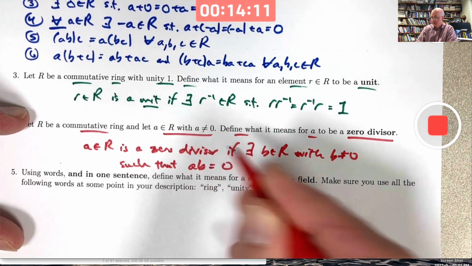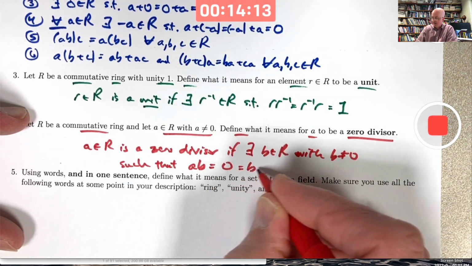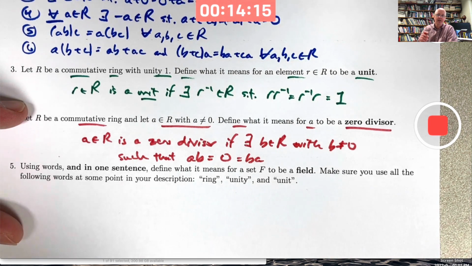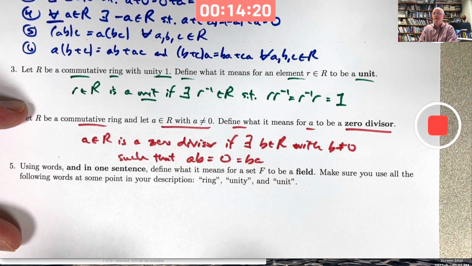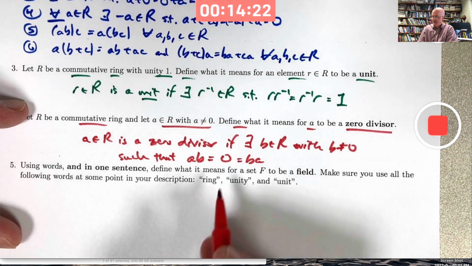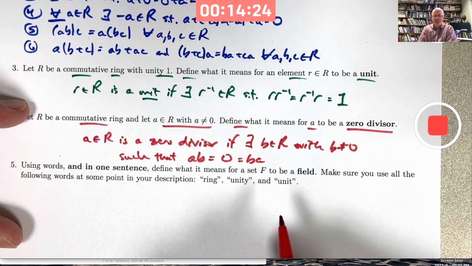And we are assuming it's a commutative ring. That would be the same as b times a in this definition. You could talk about left or right zero divisors in non-commutative rings, but we're keeping things simple and assuming the ring is commutative. So you're multiplying two things and getting 0.